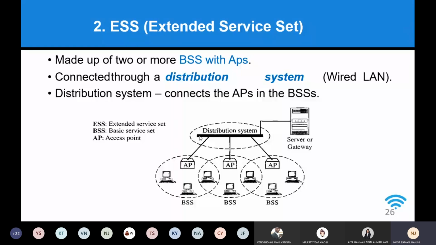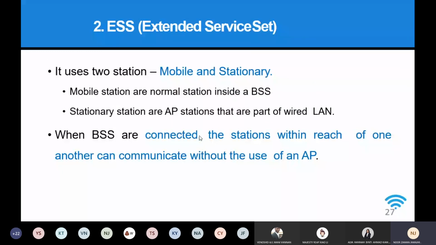So you can see from this figure that ESS is extended service set, BSS is the same basic service set, and AP is access point. There are 3 different BSS, and we are connecting all together with the help of the access point. They are connected with the distribution system, and that is going to the server or the gateway. So this would be known as the extended service set or ESS.